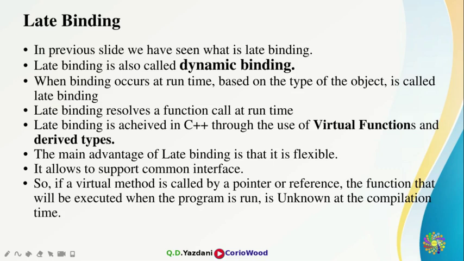As I said, in a virtual table it is unknown, because the compiler doesn't know anything about it until runtime. So late binding resolves a function call at runtime, not at compile time.